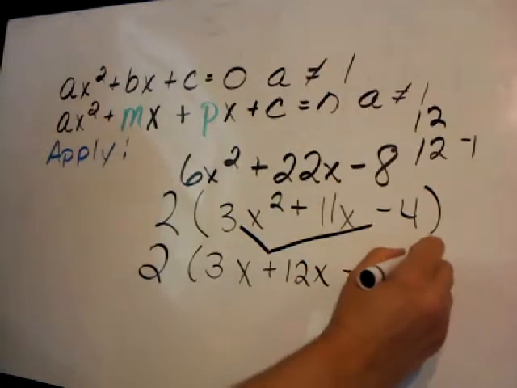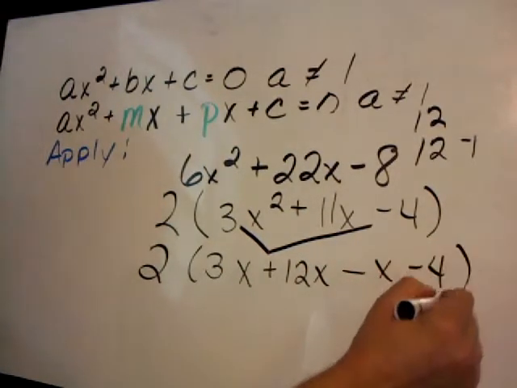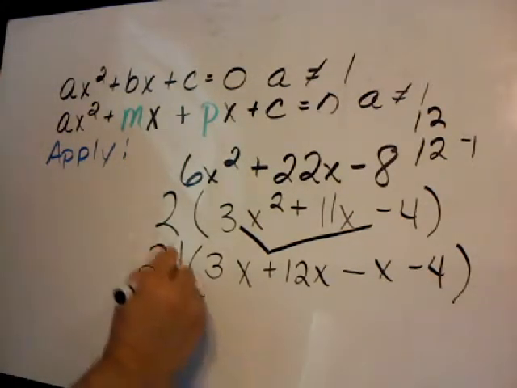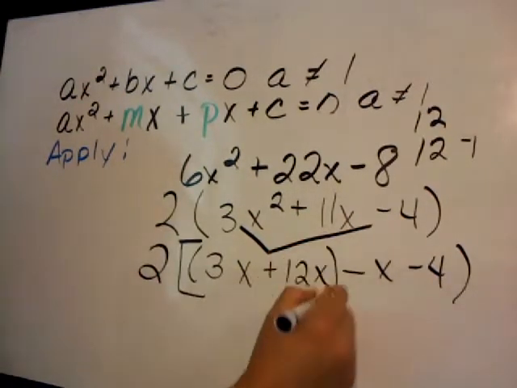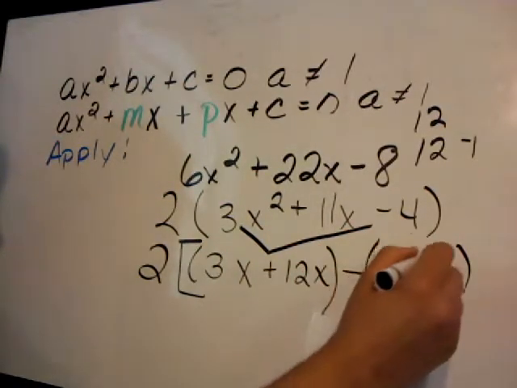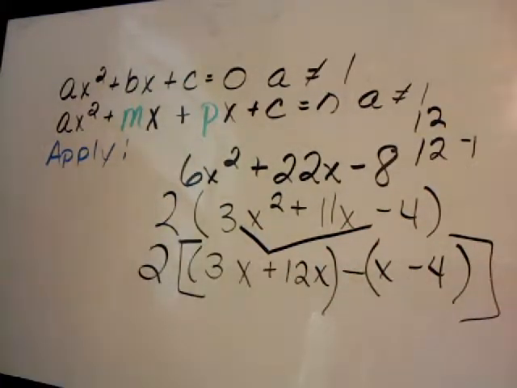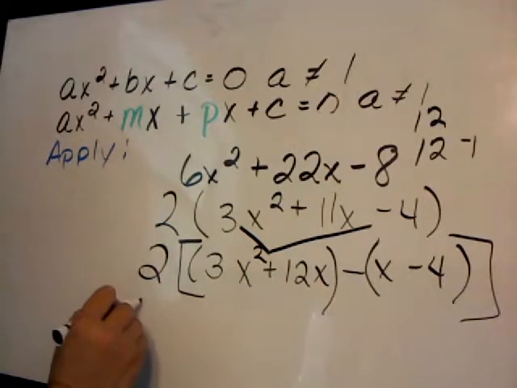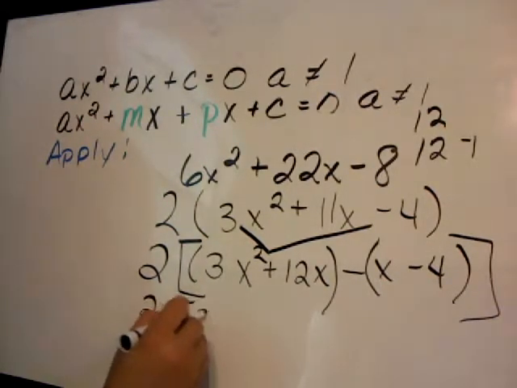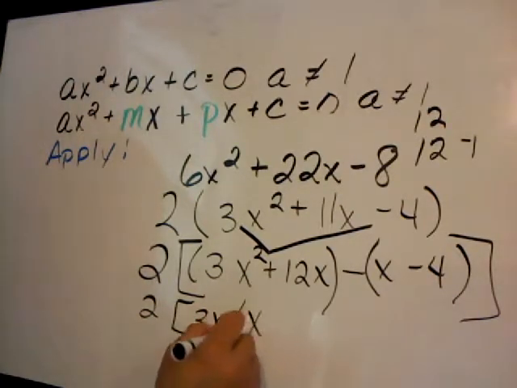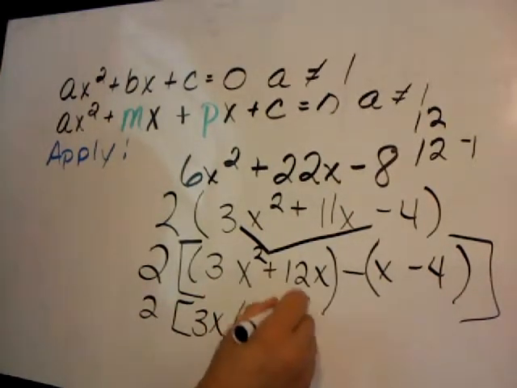So I'm going to say 3 times 3x squared plus 12x minus x minus 4. Now, I could put some brackets here to help with what's going on. There we go. And so now I need to factor out 3x, which would leave me with x plus 4.